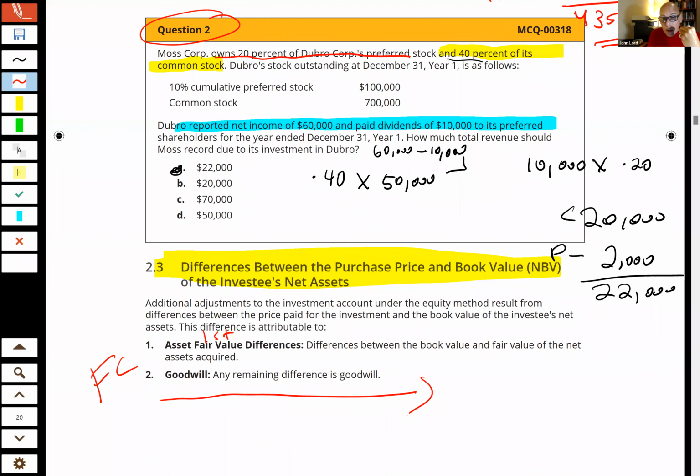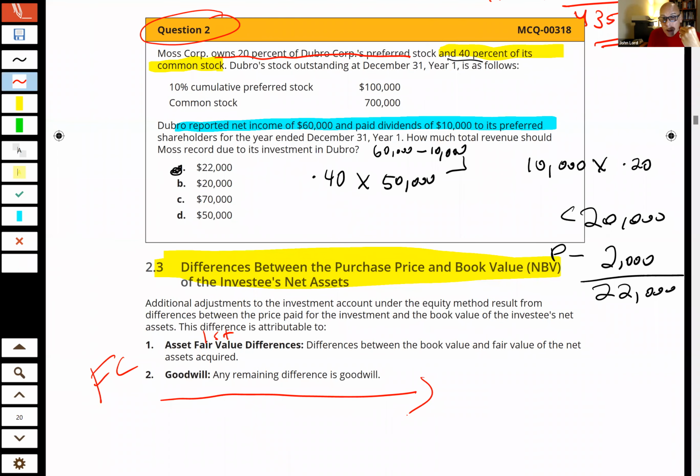You will write the assets up to a higher fair value. So they'll give you the net income of the investee, but to calculate the amount of net income that the investor is going to report on the income statement under the equity method, you will have to subtract any excess amortization, any excess depreciation that should be taken on assets that you've written up.